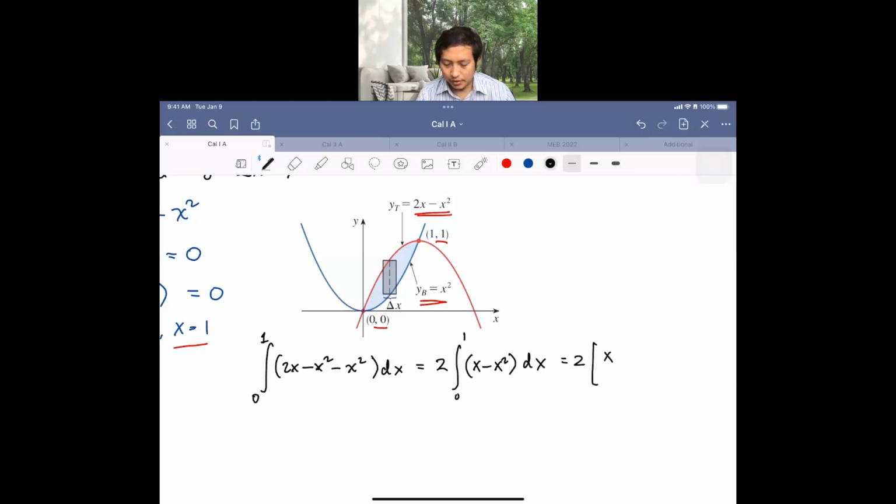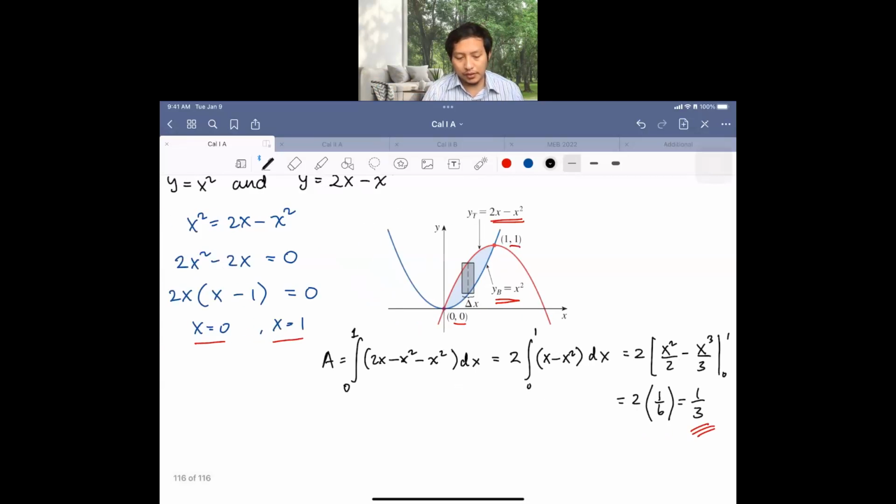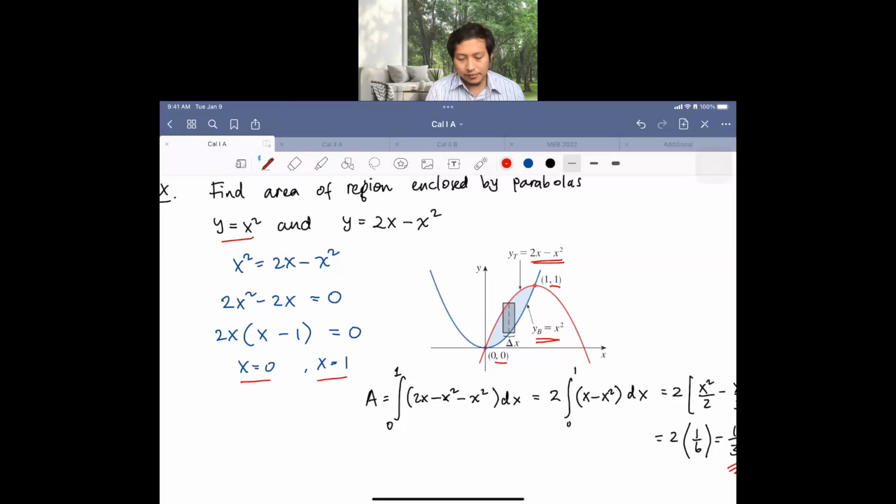And we can solve each one of them and then plug in 1 and 0. So first is half minus 1 over 3, which is 1 over 6, so it's 1 over 3. So the area between the curves is 1 over 3. So it's really helpful for us to sketch the graph of these two parabolas.